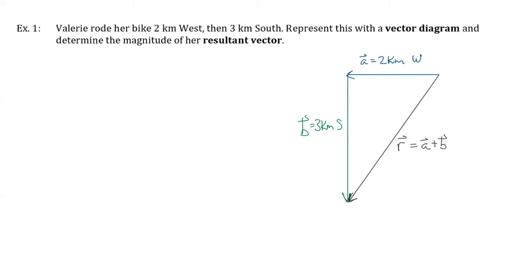To find the magnitude, what do you think we're going to do? Yep. Don't have to in this case necessarily, because magnitude ignores direction. So the magnitude of the resultant vector R is just the length of R. Pythagorean theorem.